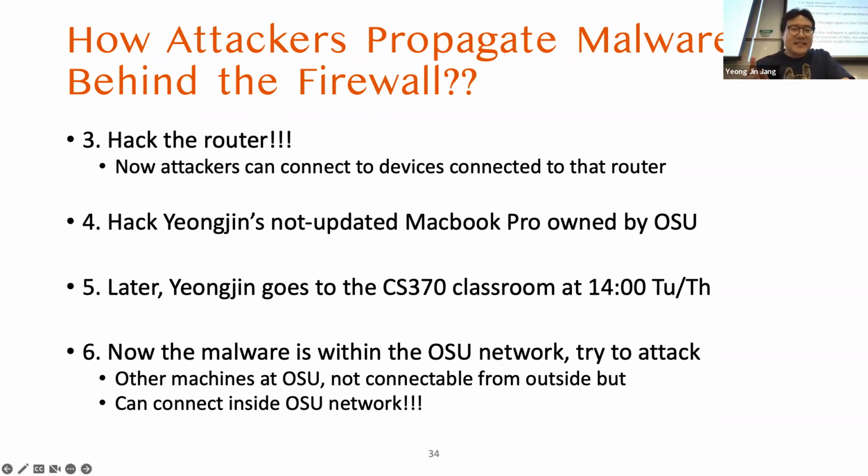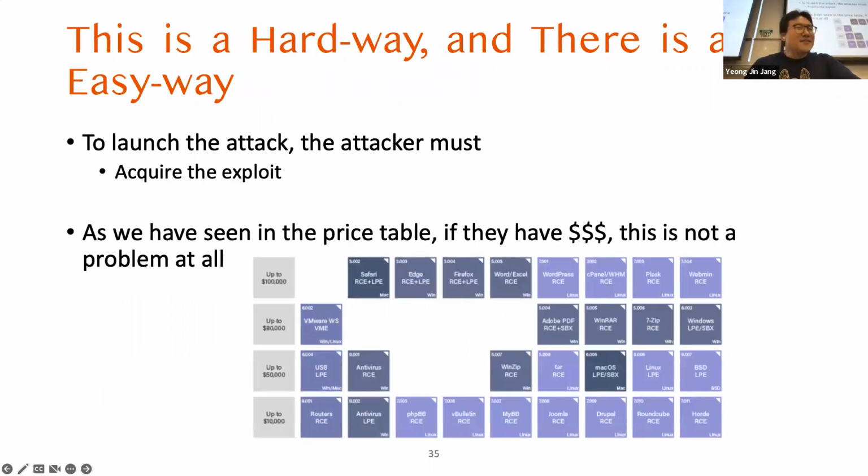So this is the hard way of spreading malware. The reason is that for one-day vulnerabilities, it's quite easy because we can search on the internet and apply that. But for a zero-day vulnerability, if one finds it, they can sell it at a high price. So in that case, it's better to get the bounty than to launch the attack.